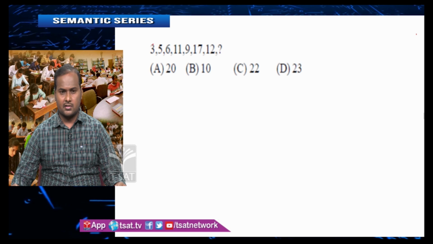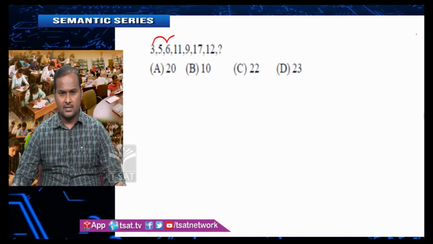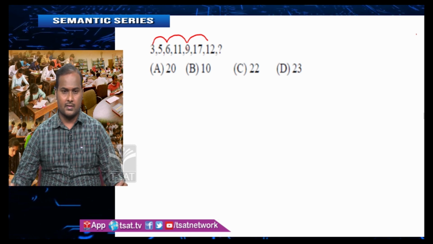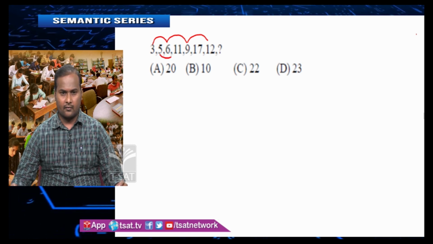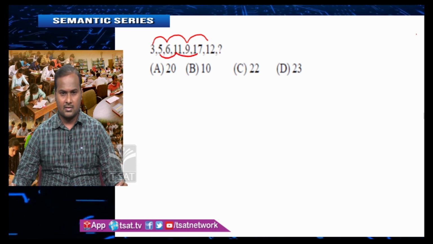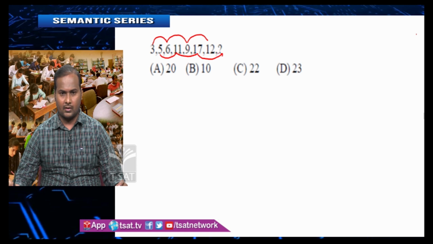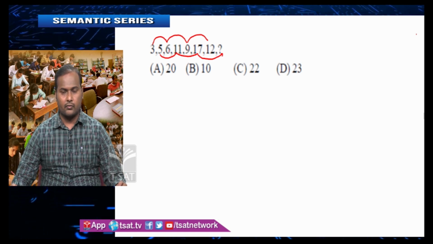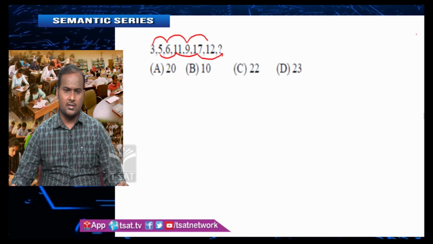If you see this series, 3, 6, 9 and 12 forms one series. In the same way, 5, 11, 17 and you need to find out the answer. So there are two series involved in this particular series. We call this kind of series a mixed series.